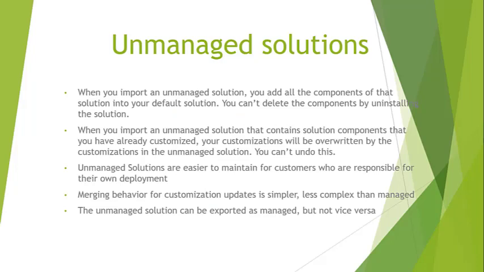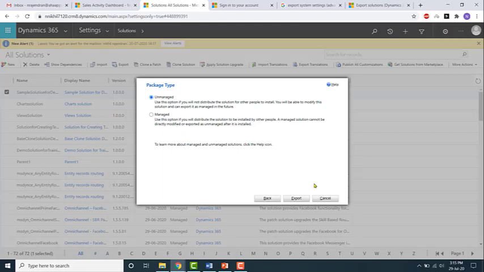All solutions must begin as unmanaged solutions so that the customers have direct control over their intellectual property and customizations. When you import an unmanaged solution, you add all the components of that solution into the default solution. You can't delete the components by uninstalling the solution.